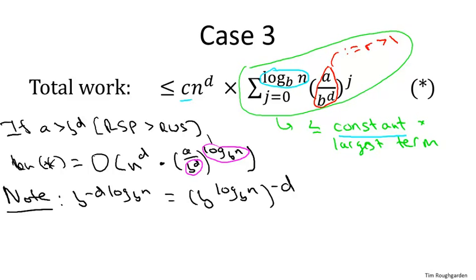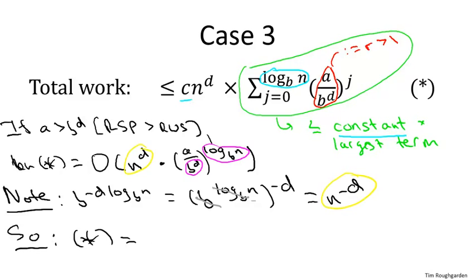And now, of course, taking the logarithm of n base b, followed by raising it to the b power, those are inverse operations that cancel, so that leaves us just with the n. So this results in n to the minus d, and now, remarkably, this n to the minus d is just going to cancel out with this n to the d, leaving us with merely a raised to the log base b of n. And thus, out of this crazy sea of letters, rises a formula we can actually understand.